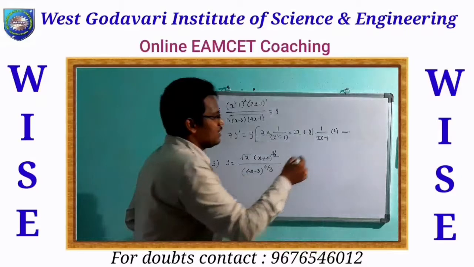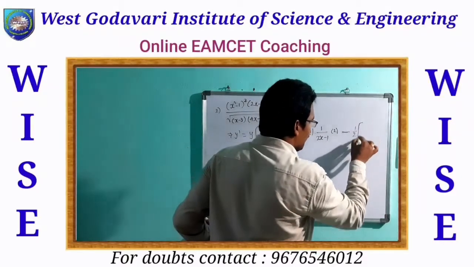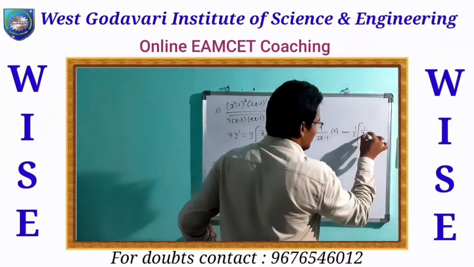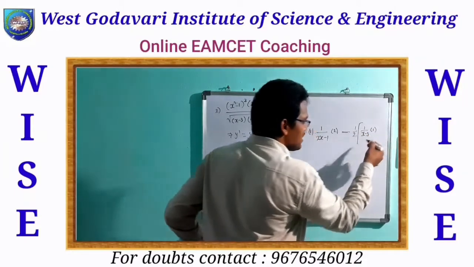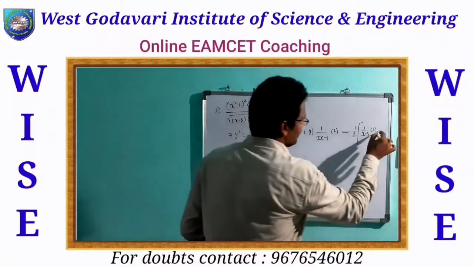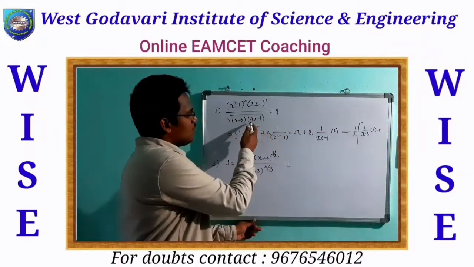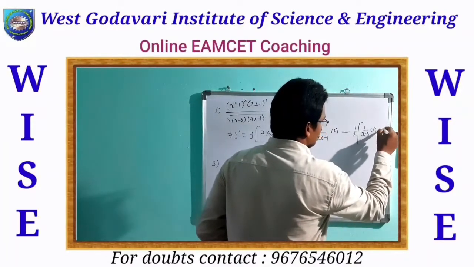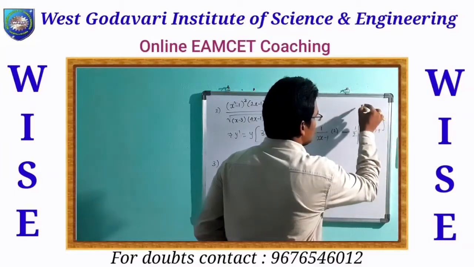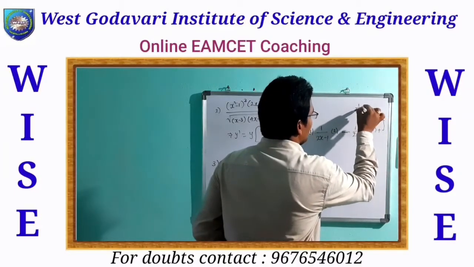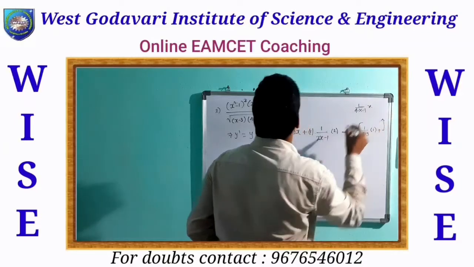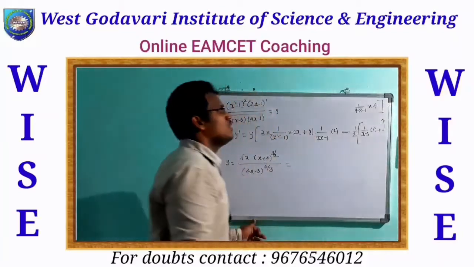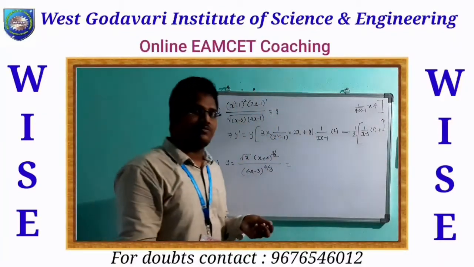So I am going to write whole to the power of 1 by 2 of x minus 3, that is 1 by x minus 3, differentiation of x minus 3 is 1, plus 1 by 4x minus 1 into differentiation of 4x, which becomes 4. So this is the answer for this question.